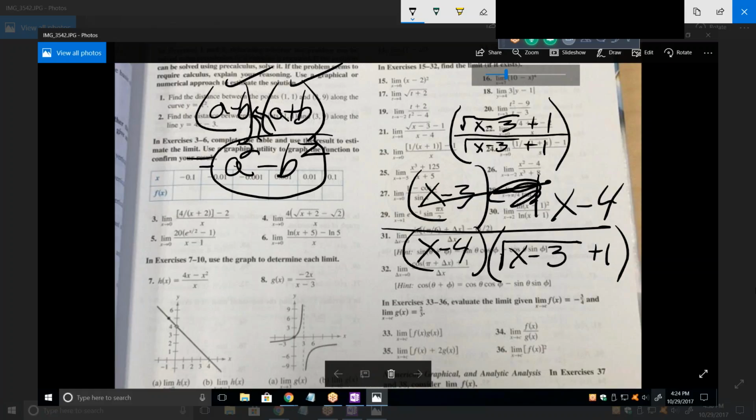Oh, excuse me, that x minus 4 cancels with that x minus 4. And there's almost always a step where that happens. Whether you're factoring or multiplying by the conjugate, you're going to find a point in the algebra where the numerator crosses off with the denominator. And what I'm left with is 1 over that number. And now when I put in 4, I get 1 plus 1. So the answer is 1/2.